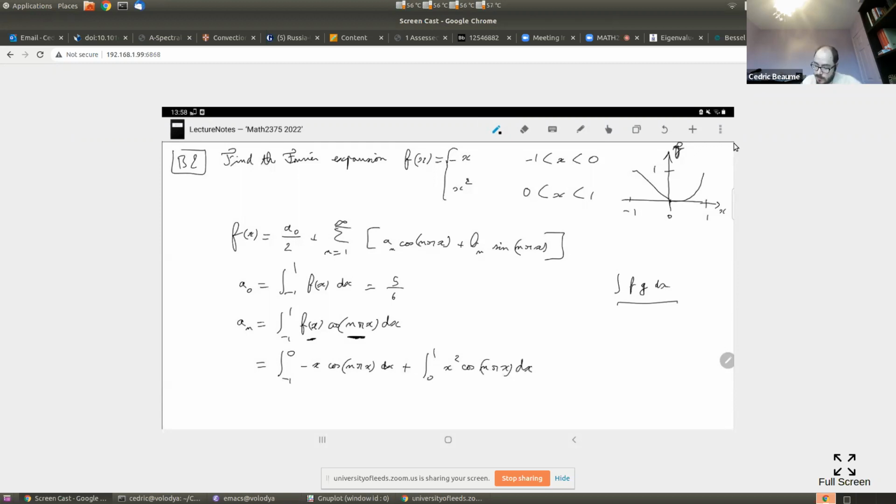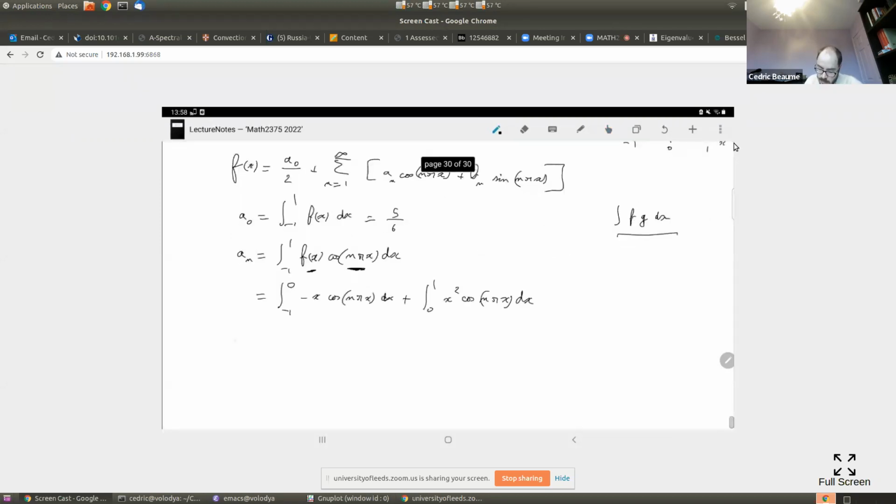And similarly for bn, you get the same structure, but with sines instead of cosines: -1 to 0 of minus x sine n pi x dx plus 0 to 1 of x squared sine n pi x dx. I'm trying to rush because I've got a meeting as well.